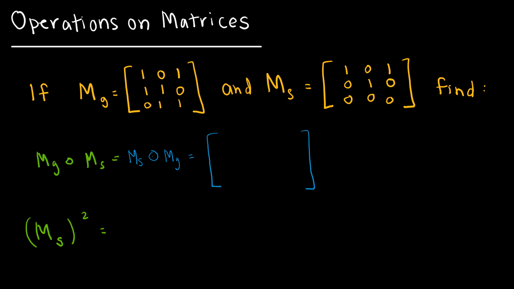This is where I'm going to take the first row of MS, and I'm going to think about it as a column. It's 1, 0, 1, so I'm just rewriting that first row. And remember, I'm going to look at 1 and 1. Instead of having to write 1 and 1, I'm just going to write that 1 and 1 would be 1.